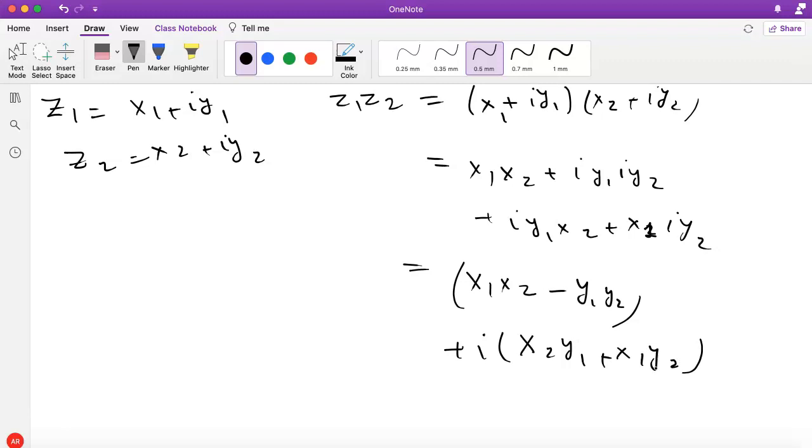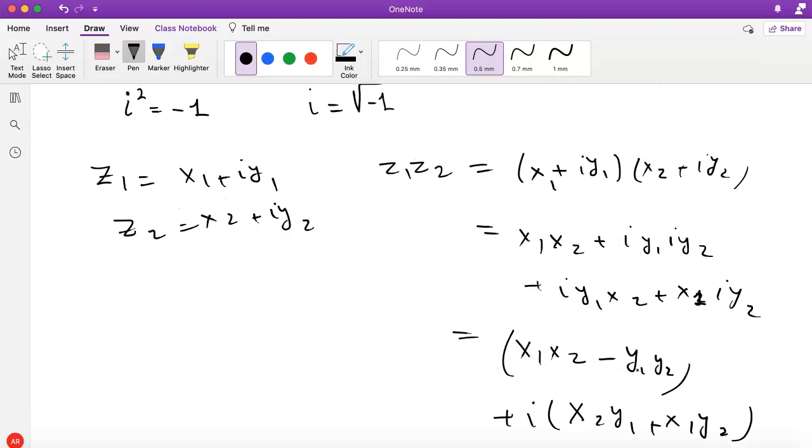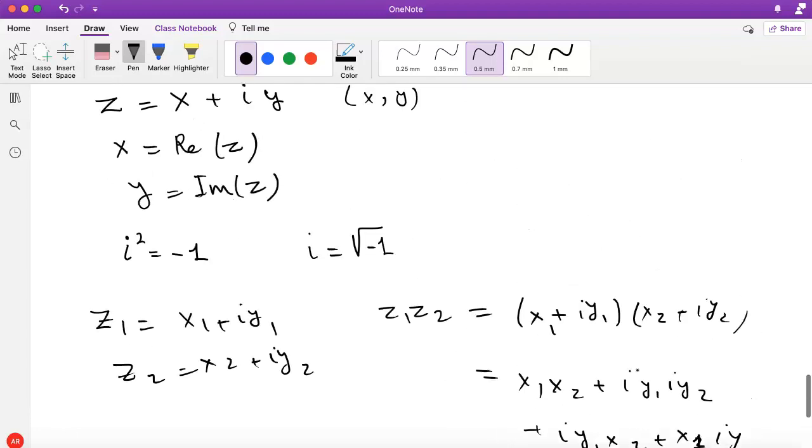Okay, so then one can say that the real part of z1 z2 is this, the imaginary part is this. So you multiply 2 complex numbers. With this recipe, you're going to get a complex number. You add or subtract 2 complex numbers. Again, you're going to get a complex number.